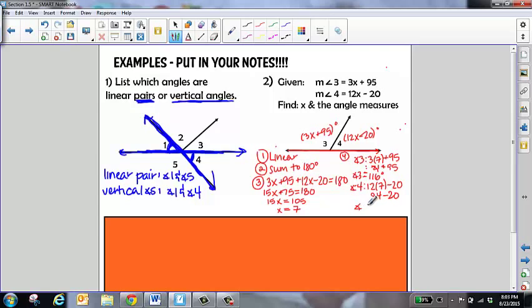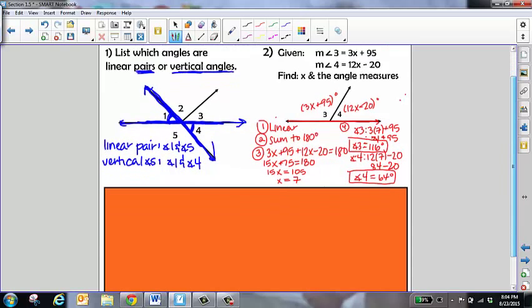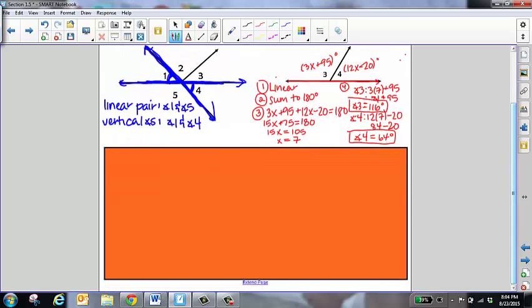So angle 4 is going to be equal to 64 degrees. And you can check to see if you did your math right, because the measure of angle 3 and the measure of angle 4 should add up to 180 since this is a linear pair. Okay? All right, last example, and remember you can pause at any time.